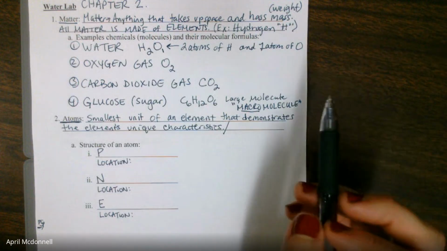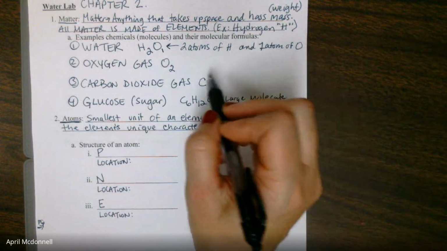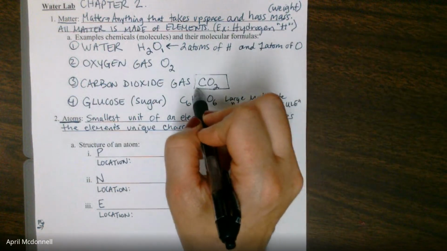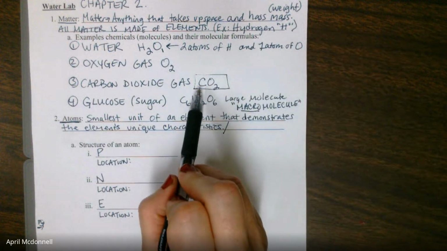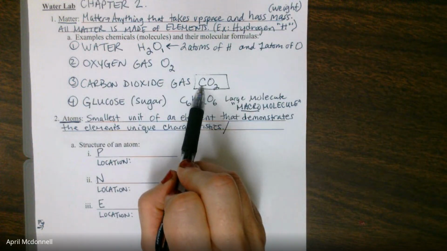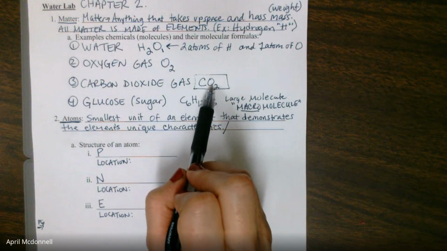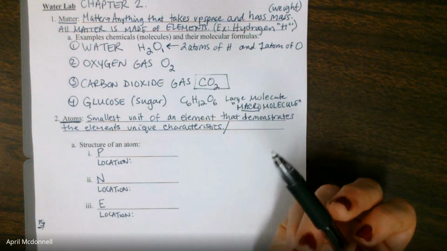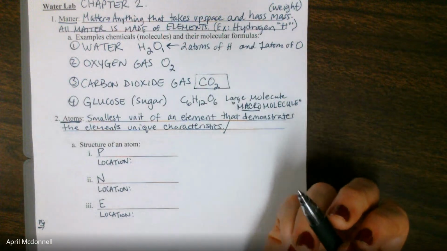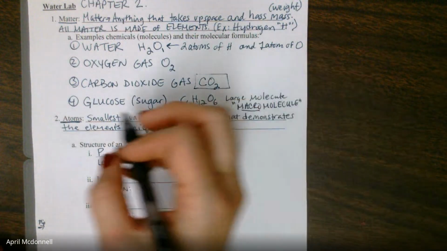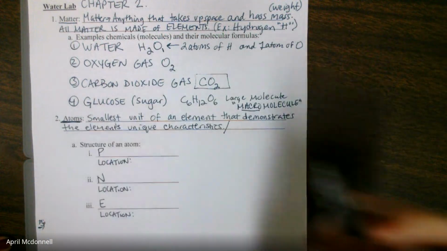For example, how many atoms do we have in carbon dioxide? We have one atom of carbon and a molecule of carbon dioxide gas, and we have two atoms of oxygen in a molecule of carbon dioxide gas. So therefore, we're going to add on to our definition of atom.